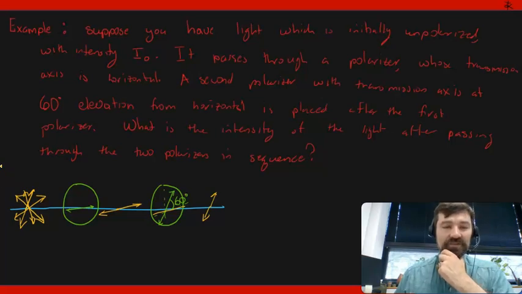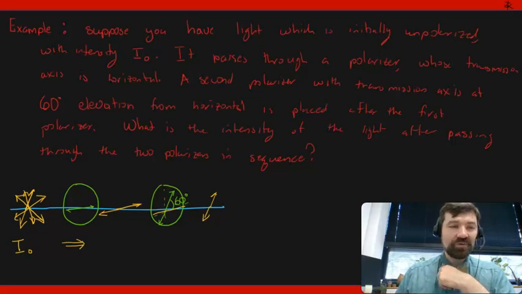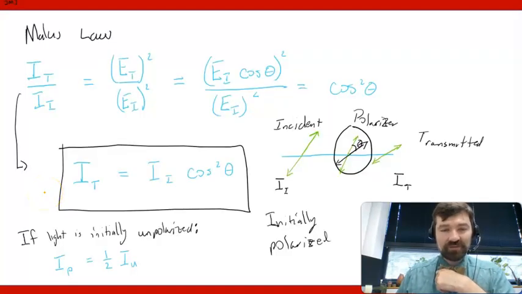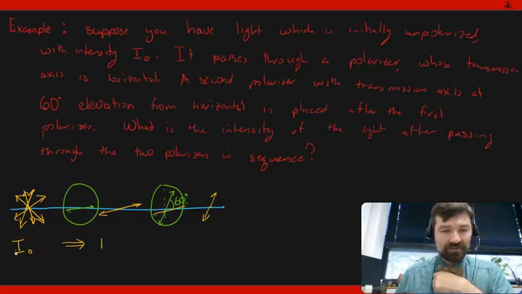Now let's label it. So this right here was stated to be the initial intensity I0. We pass through the first polarizer. It's unpolarized, and we're going from unpolarized to polarized. So that means that I intermediate, or whatever you want to call it, I1, is half of I0.